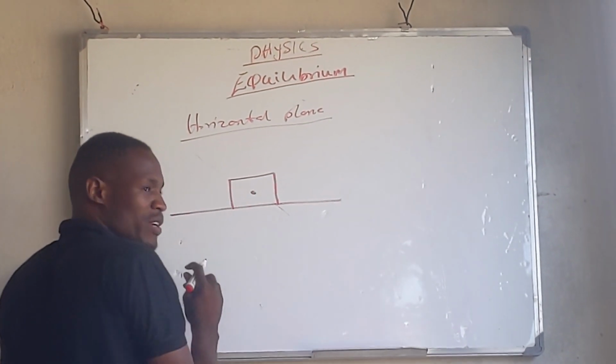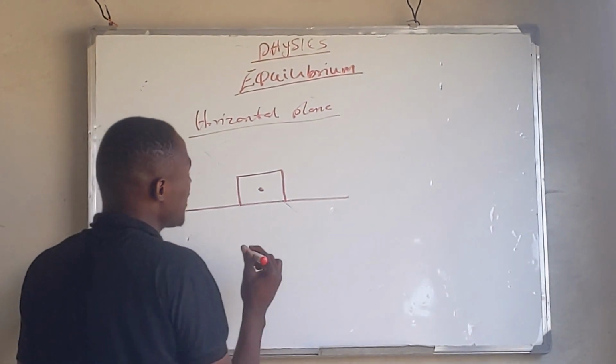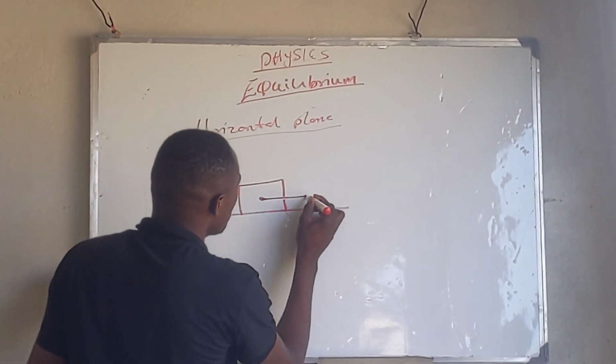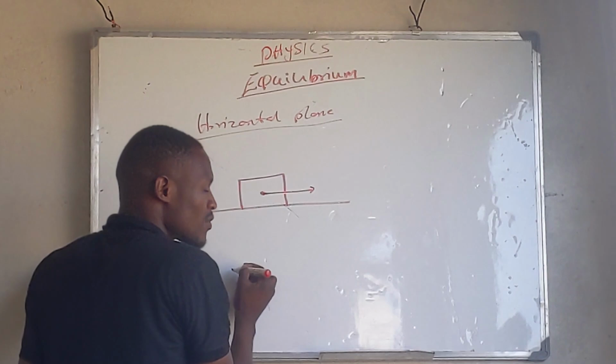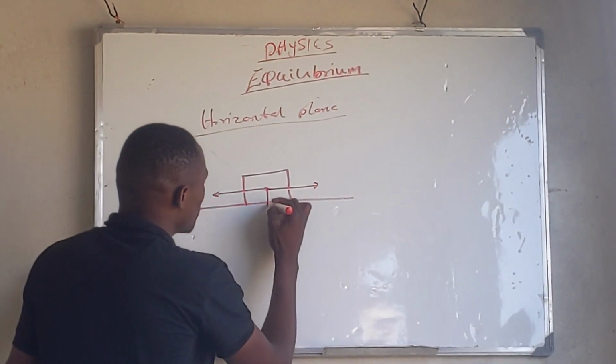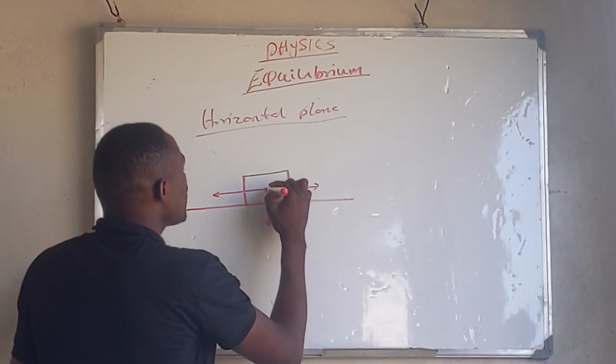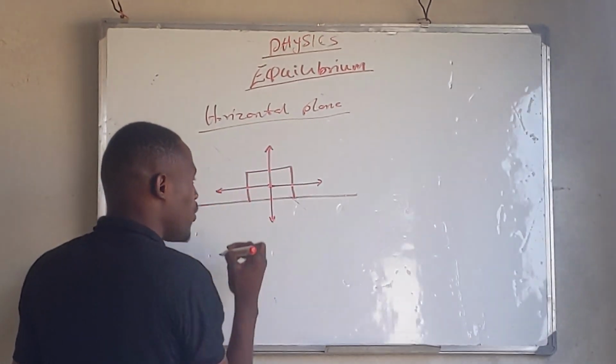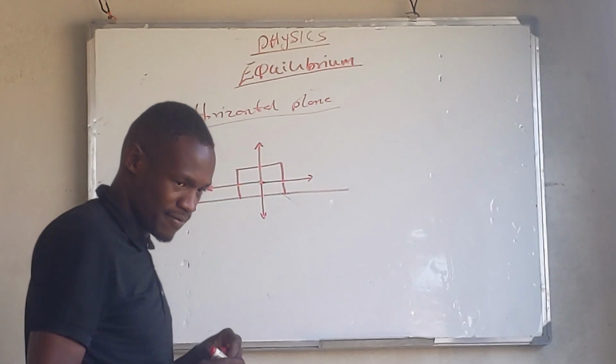For this object to remain stationary, it means that the force which was trying to move it forward, the force which was trying to move it backwards, the force which is trying to move it downwards, and the force which is trying to move it upwards are all balanced.